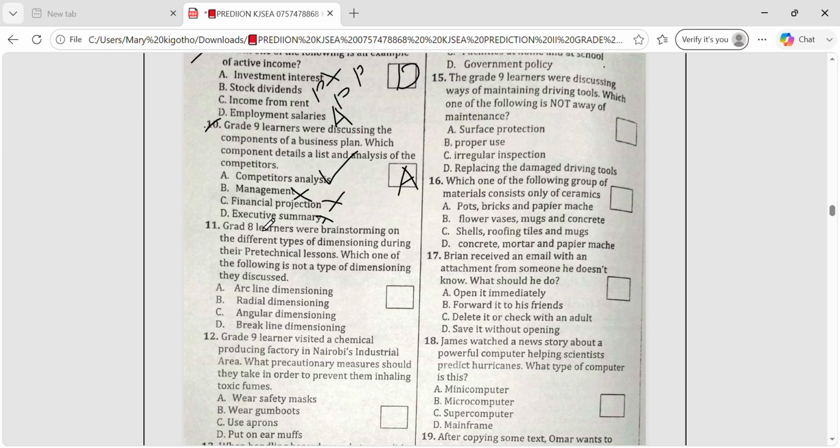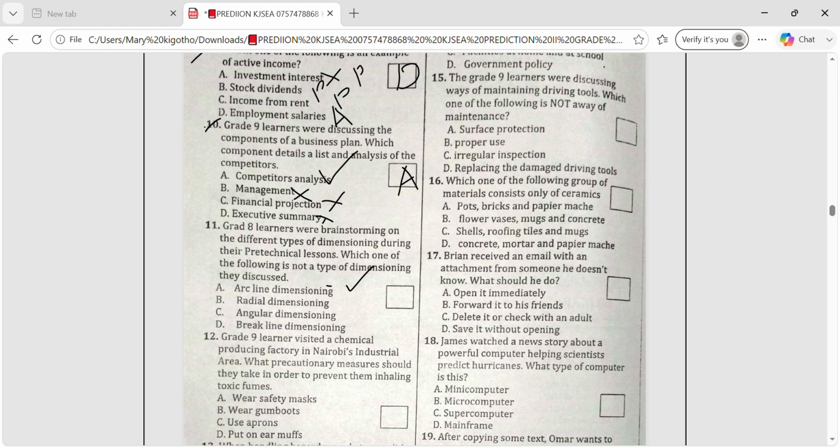So welcome back. Now we have arc-line dimensioning, radius, angular, and break line. So arc line, yes, it's there.